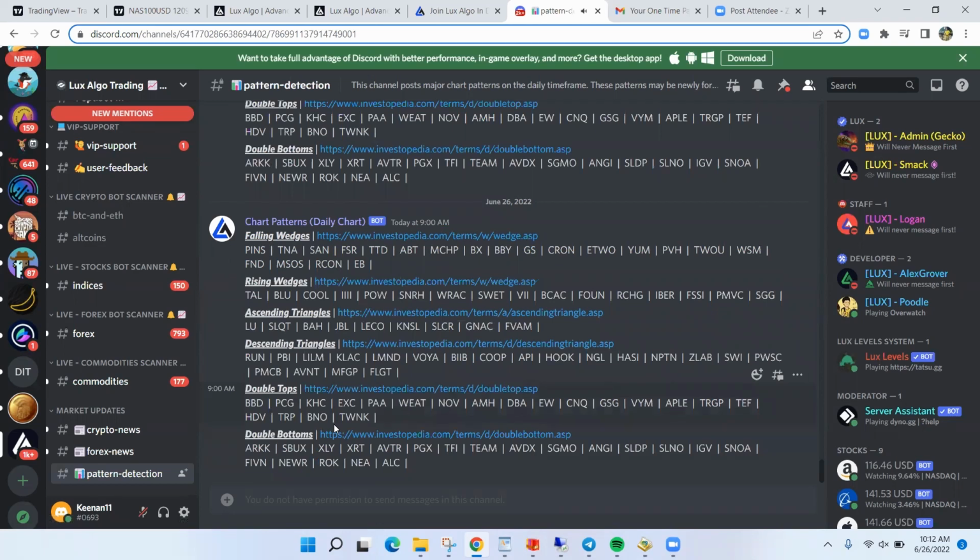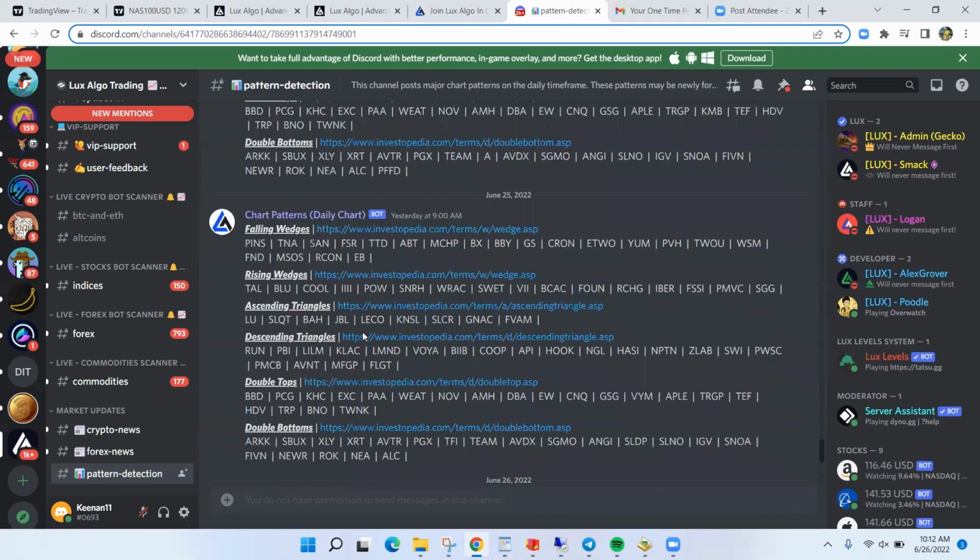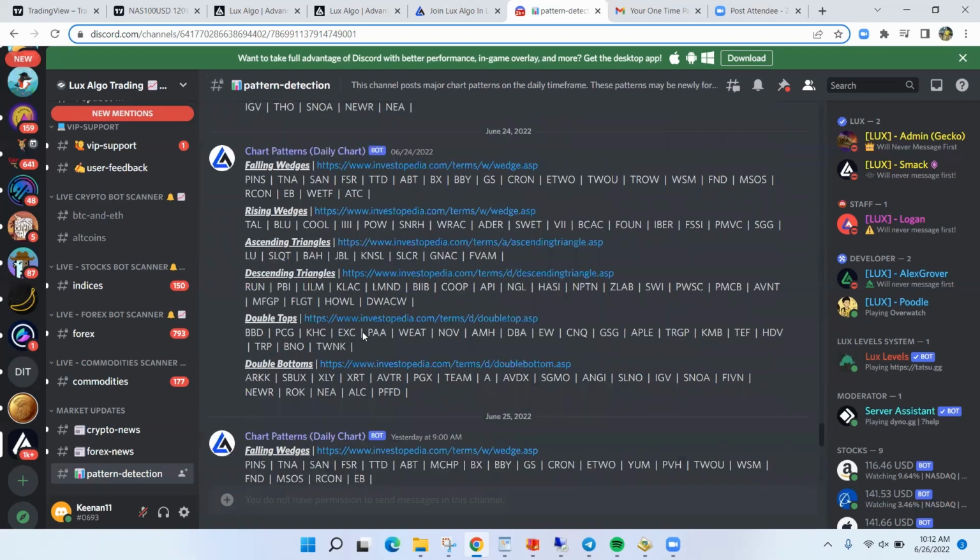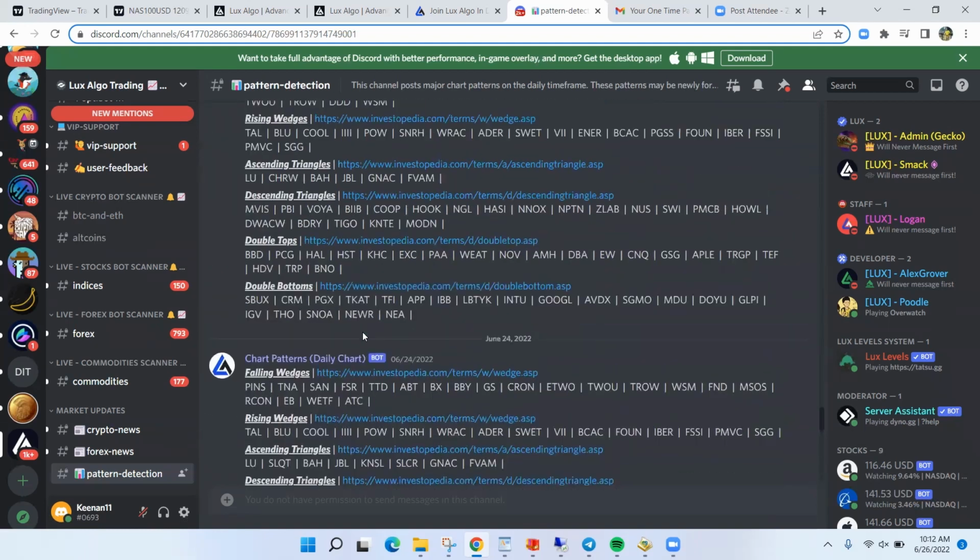So today at 9 a.m., these particular pairs and stocks are exhibiting a falling wedge right now. You'll see a lot of different stocks for the pattern detection. You'll also find Forex, but since there are more stocks than Forex, you're going to find mostly stocks here.